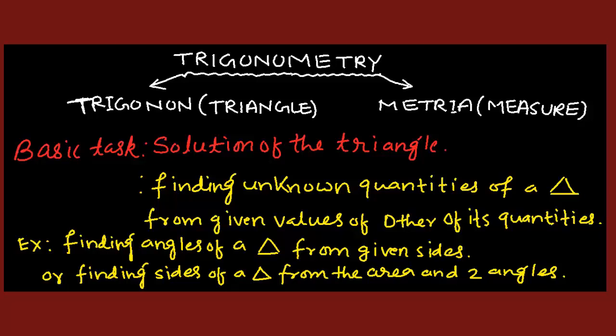If sides have been given, we have to find the angles of a triangle. Or suppose we have to find the sides of a triangle if the area and two angles have been given. Trigonometry is all about solving triangles.